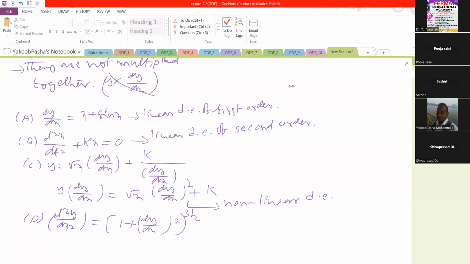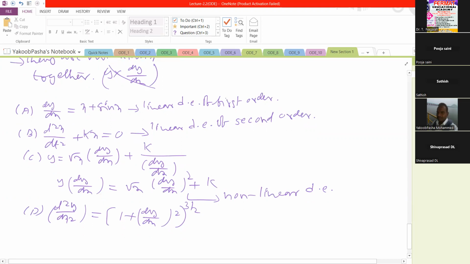It is a non-linear differential equation, because we can write it as d square y by dx square whole square is equal to 1 plus dy by dx whole square. Here degree is 2, so it is not linear. A differential equation which is not linear is called a non-linear differential equation.